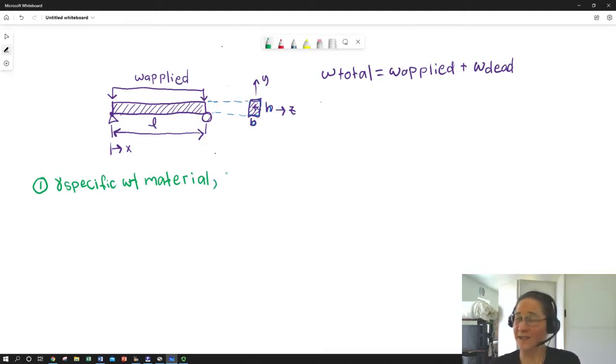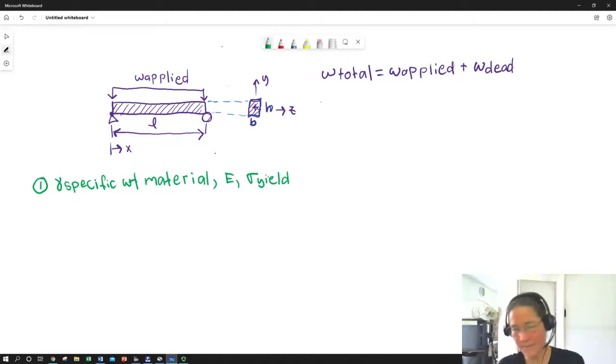In order to calculate deflection, we're going to need to know our tensile modulus. In order to compare our longitudinal stresses, we're going to need our sigma yield. We're going to assume for now that we're going to be working with ductile materials, so we're going to be designing against yield, not UTS. So that's kind of what we've got on the materials side.